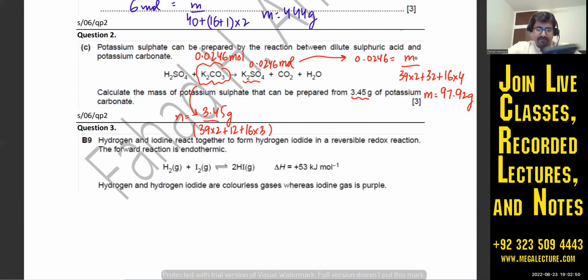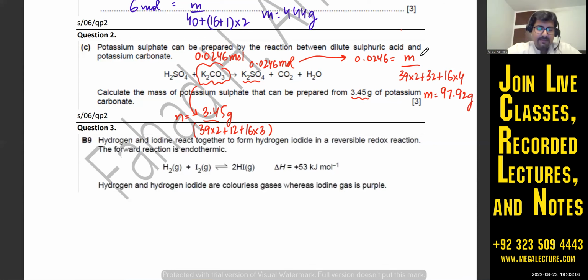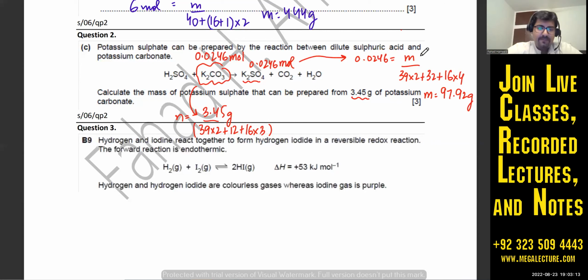I don't know, let me check in a second. Calculations, hope it's fine. What was 0.0246 moles? 0.0246 moles. Everyone agrees with that, right? SO4 will be 96 plus 39 times 2. Yes, 97.92 into 0.0246, right? I'm getting 4.28 grams.